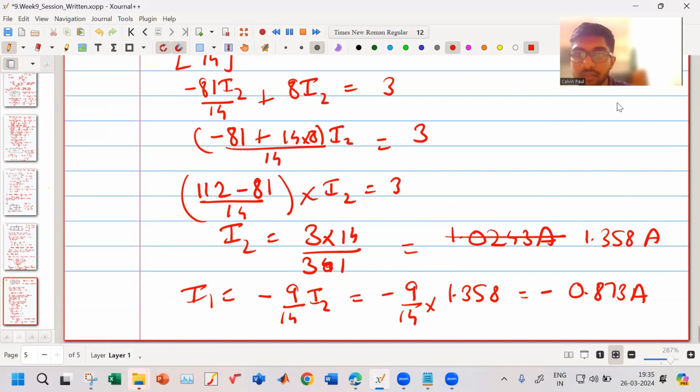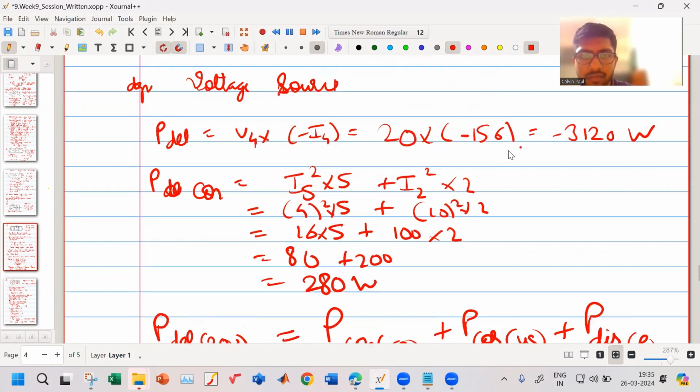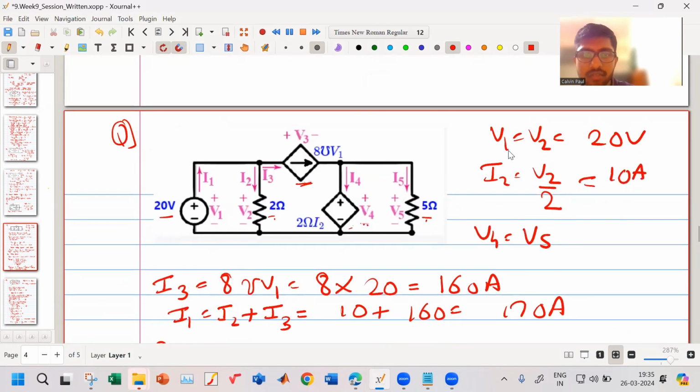So any queries? I have one doubt. Yes. Okay, in the last problem. How did we find that V3 equals 0? Which one? V3. Okay. The voltage over here. This is 20 volt. This also is 20 volt.